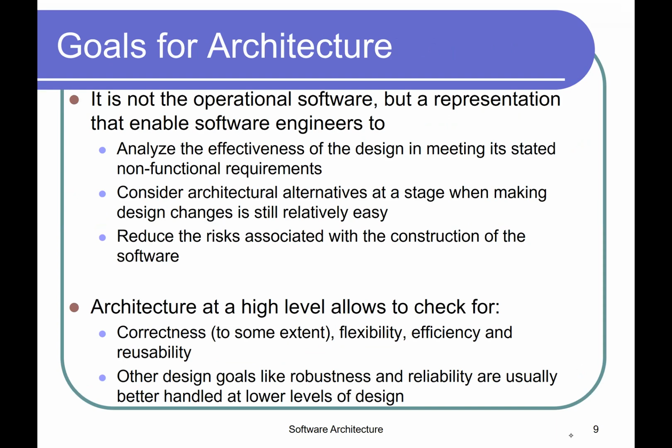It's kind of like putting a vision. Architecture at a high level allows us to check for correctness, efficiencies, and so on. A moment ago I put the faculty in the wrong place. All sorts of problems I've got to figure out before I even commit to that design. When I put the security gate smack in the middle of the campus, I can already tell this is going to be so problematic.